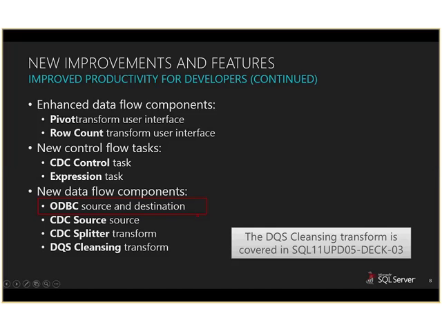In 2008 R2, you could use the ADO.NET reader and destination. Now we have a direct ODBC source and destination. Part of that is because Microsoft has decided that they're going to do the primary focus now on ODBC rather than OLE DB. At least that was what was communicated to us a year and a half ago.